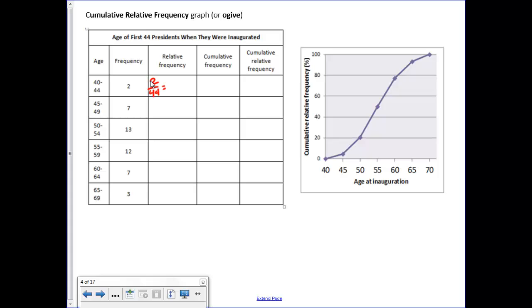We divide that and we get 4.5%. In this age range, 45 to 49, I have 7 out of the 44 presidents, and in that range, that was 15.9% of our presidents, and so on. Here we have 13 out of 44.